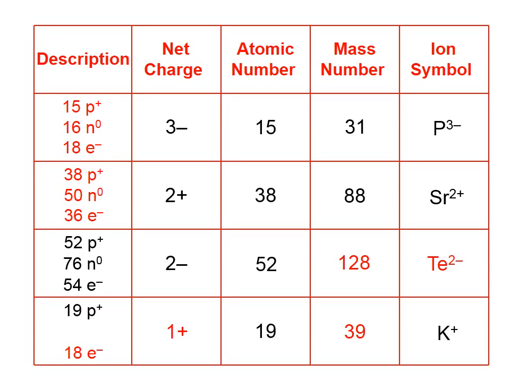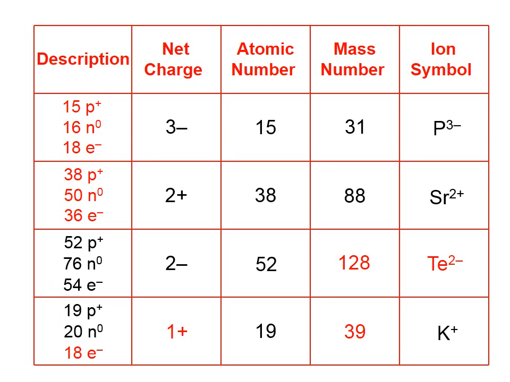So I'm going to write the ion symbol as K plus. Then we're told that the mass number is 39. Mass number is protons plus neutrons, so 39 minus 19 must give us 20 neutrons.